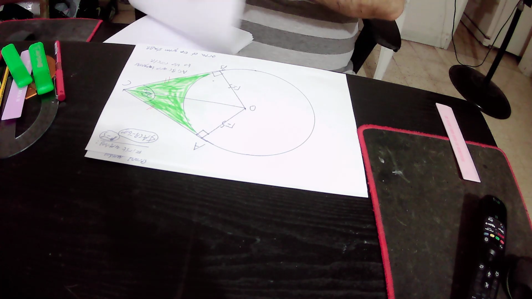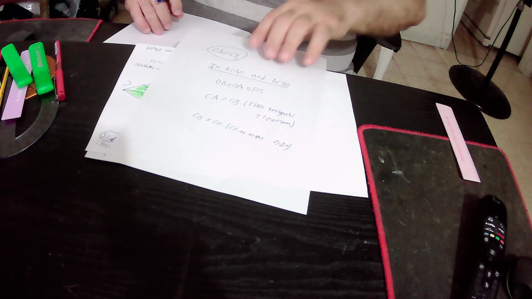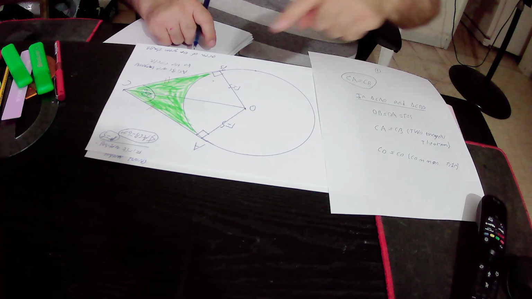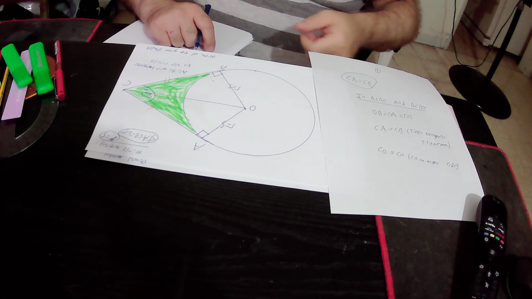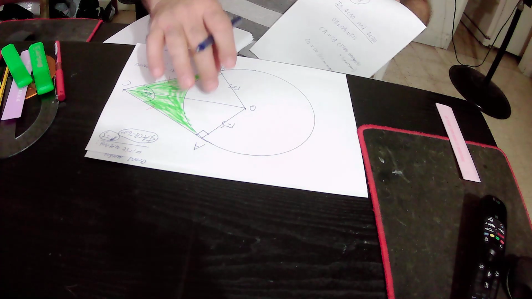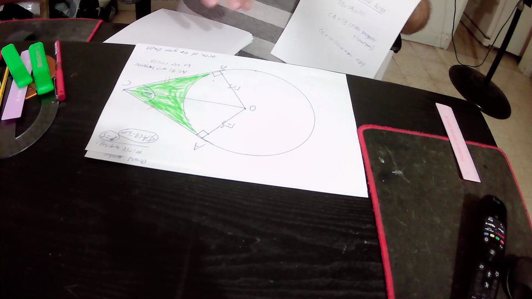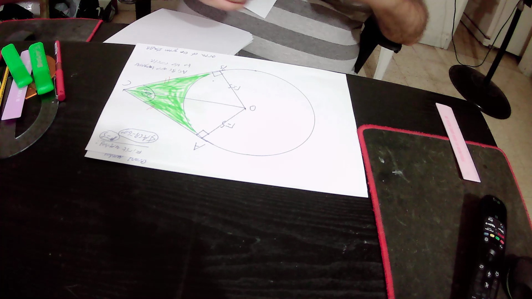Okay? So we actually proved that all the sides of triangle CBO are equal to all the sides of triangle COA. Therefore, those two triangles can coincide according to the SSS rule.